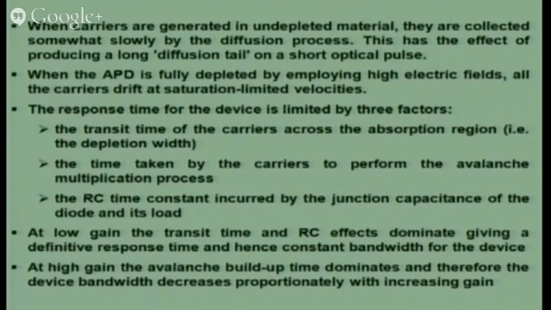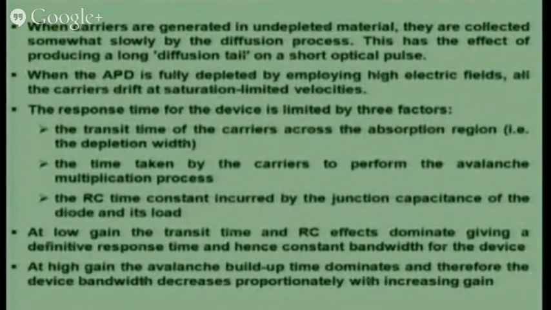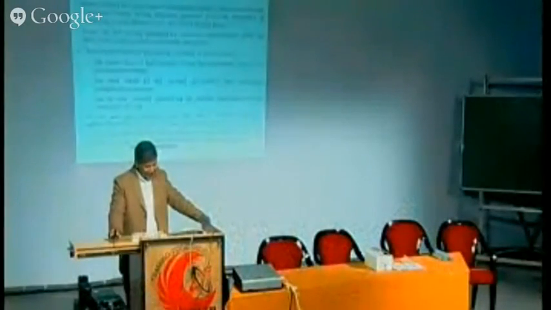So the structure of the PN junction, or APD, can be modified to achieve this. The response time is again governed by the transit time of the depletion width. The avalanche multiplication also takes some time, and there is the RC time constant. All these parameters one must consider while designing the amplifier setups.